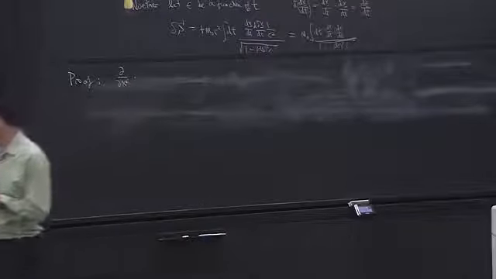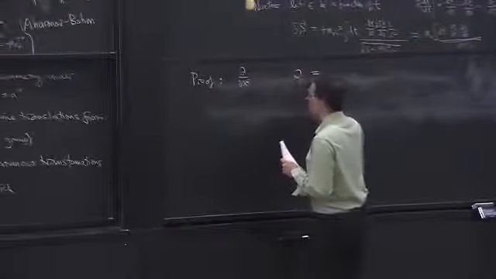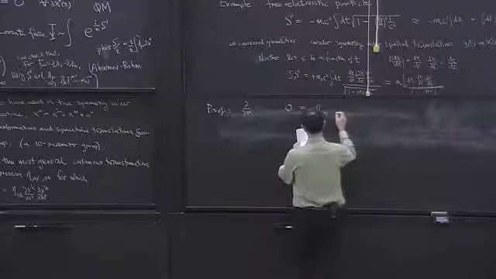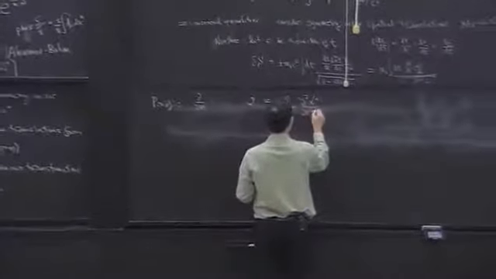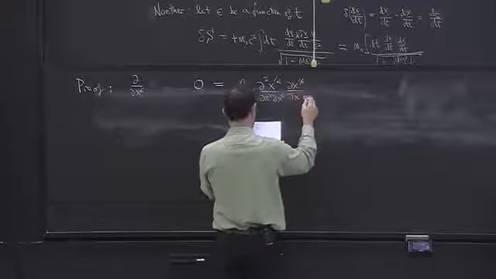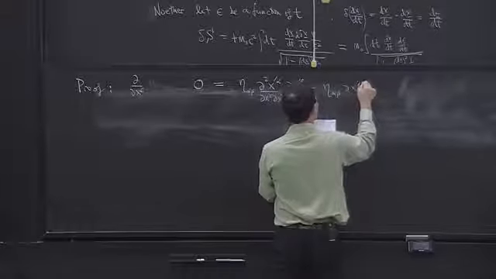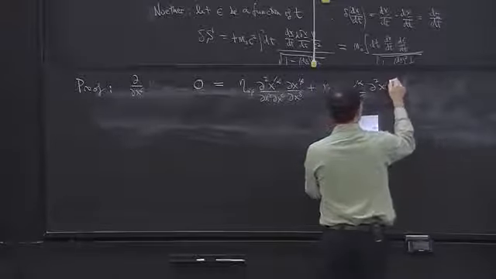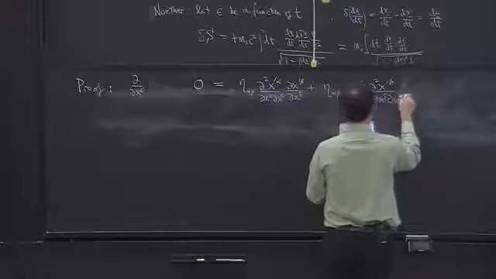Just apply d by dx epsilon to both sides of the equation. On the left-hand side, I get 0. And on the right-hand side, I get eta alpha beta d2 x prime alpha over dx gamma dx epsilon, dx prime beta over dx delta, plus eta alpha beta dx prime alpha over dx gamma, d2 x prime beta over dx delta dx epsilon.